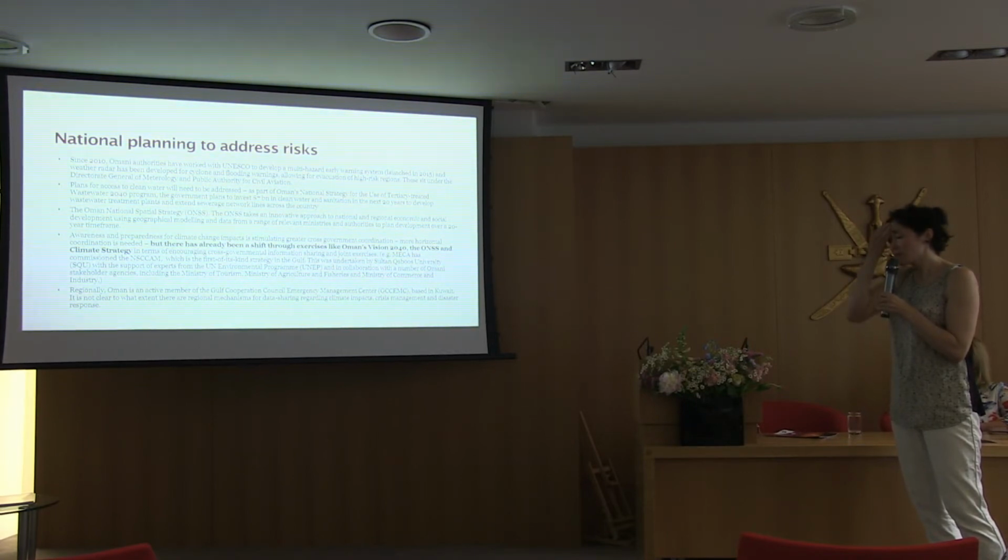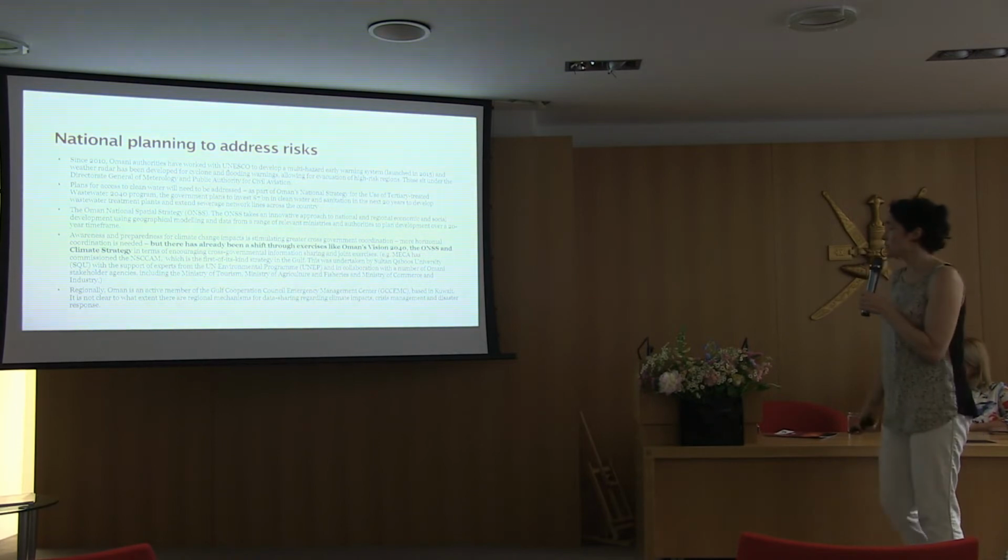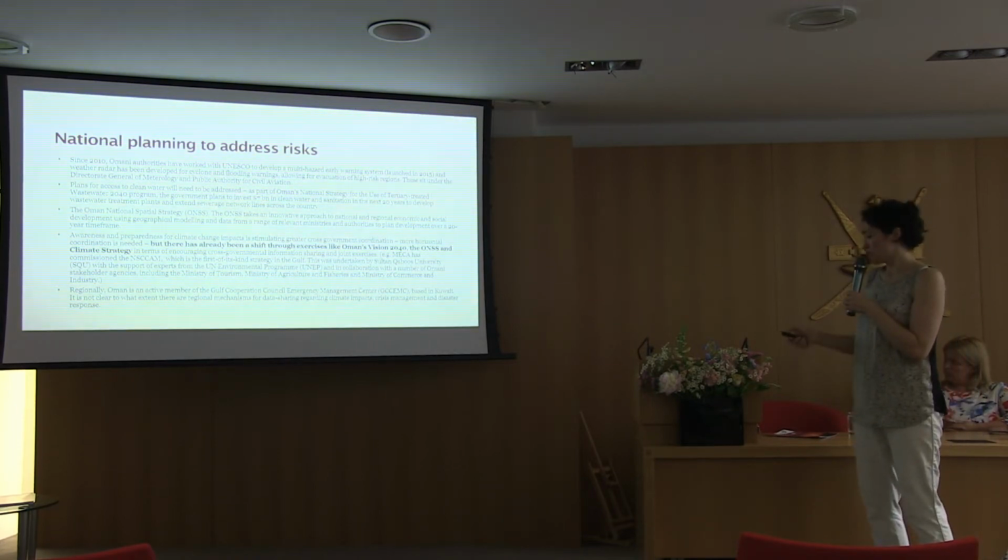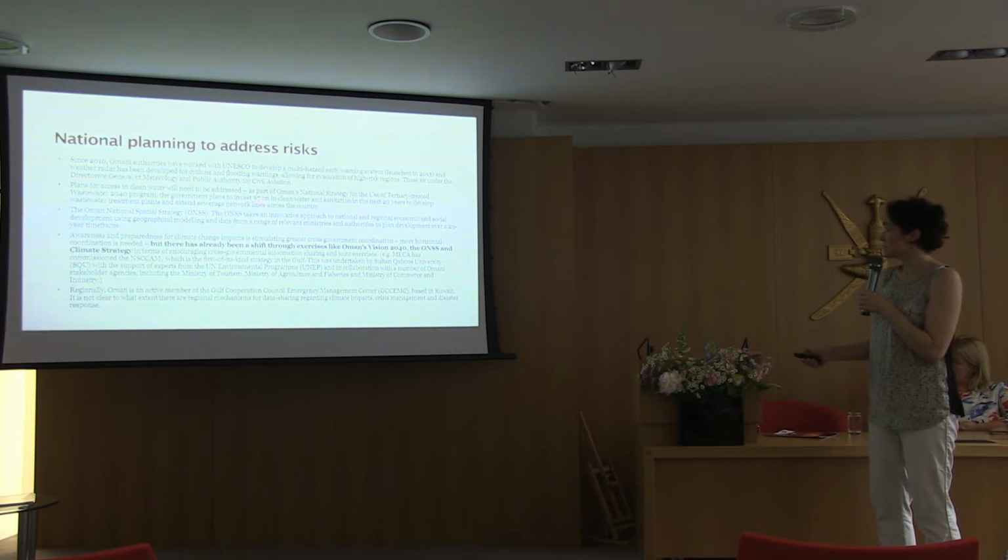After Cyclone Gonu, many families didn't have access to water, because some of the network was taken out, and there is a huge emphasis on treatment of wastewater and sewerage, and plans to invest about 7 billion in clean water and sanitation over the next 20 years.